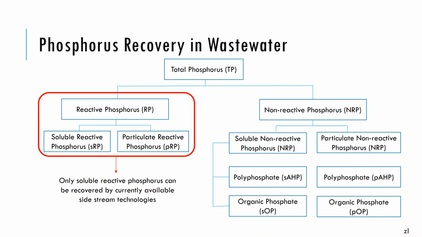Again, this is a familiar slide. This shows the speciation of phosphorus in both the liquid phase and also the sludge phase. What I want to focus on is to give a general impression that most of the engineering methods to recover phosphorus basically convert non-reactive phosphorus to a form of reactive phosphorus, preferably soluble reactive phosphorus, like ortho-P or PO4-P.